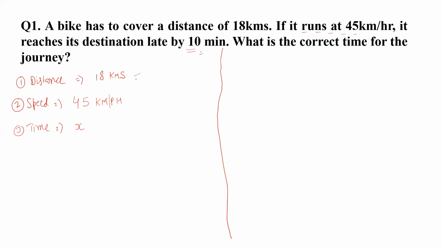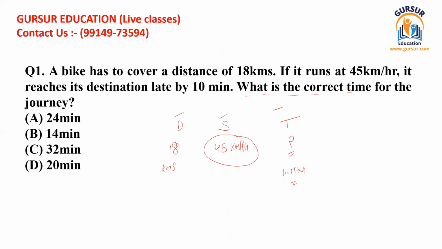We don't know the time, but we know distance and speed. Both these items have been given in kilometers and kilometers per hour, and the speed of 45 kilometers per hour is the conditional speed. So first, what should be your strategy? You must see in which denominations the options have been given. Just by looking at the options, you can see that time has been given in minutes.